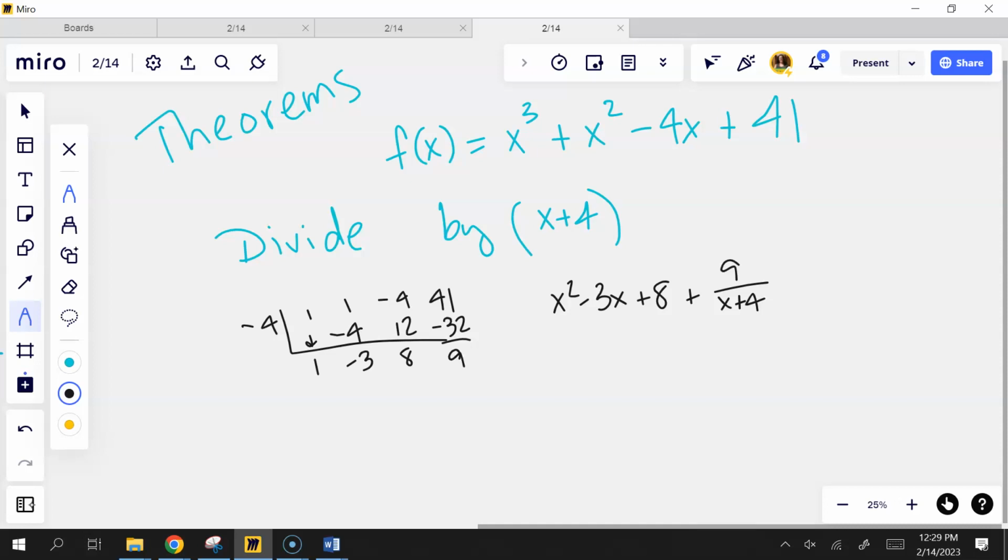Everybody got that? Now do something else for me. Find f of negative 4.